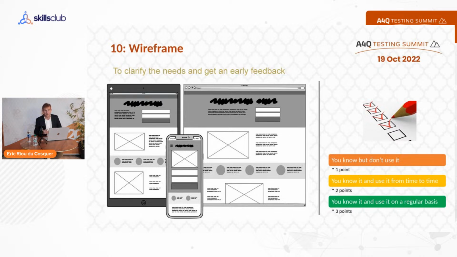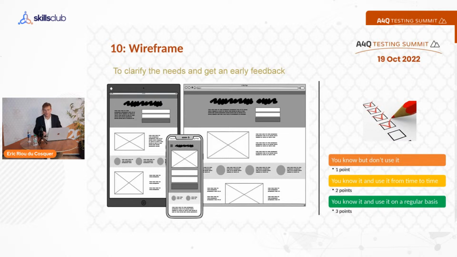And it's really very, very useful, particularly at the beginning of a project, because it's a good way to show to your customers what the solution could look like. So you will get an early feedback. And it's also a way to validate the solution as early as possible on the project.